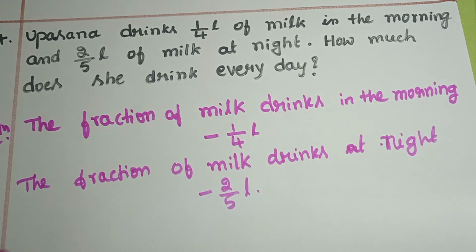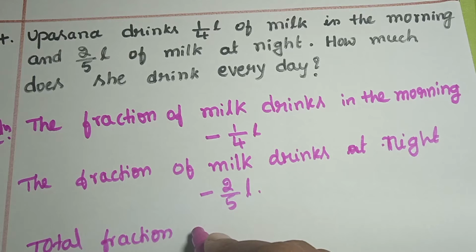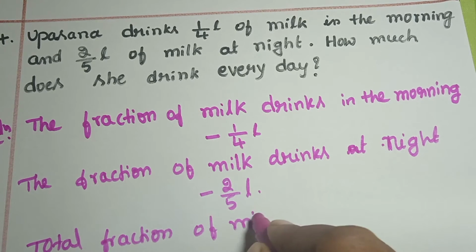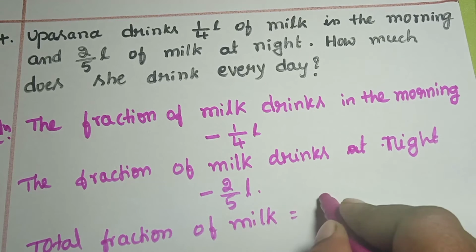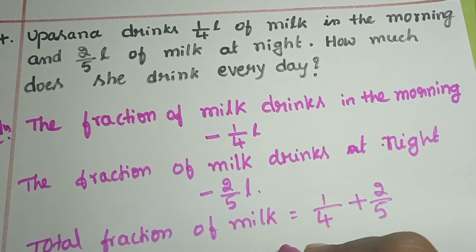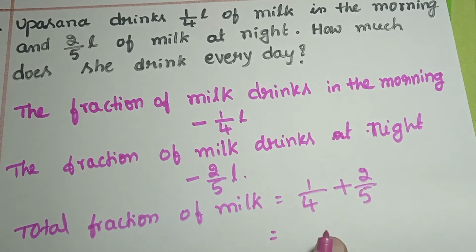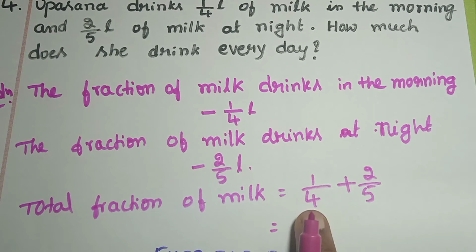Means total fraction of milk, that is equal to 1 by 4 plus 2 by 5. Once again we should take LCM, children. Here the denominators are different. Here 4 is there, here 5 is there. See, 4 and 5 are not divisible by one number.